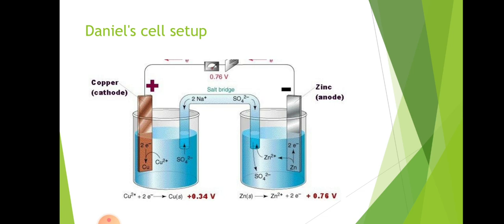Simultaneously, the oxidation and reduction reactions occur. Current flows from the anode to the cathode. That is the redox reaction occurring simultaneously.